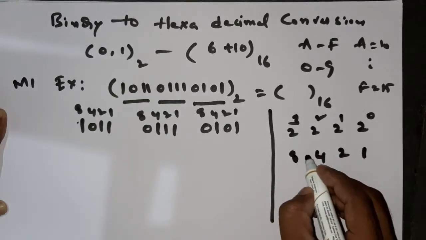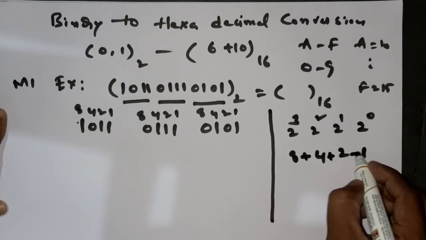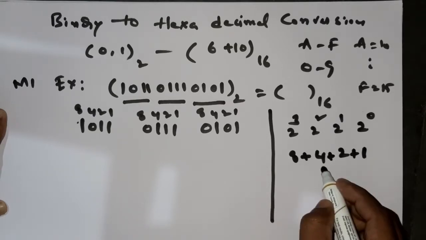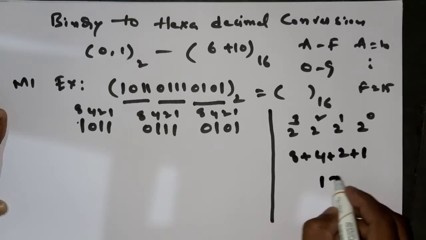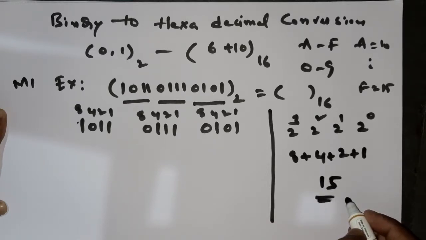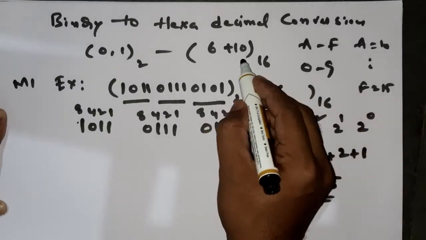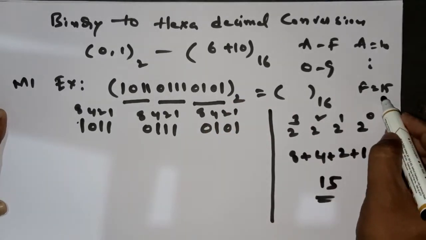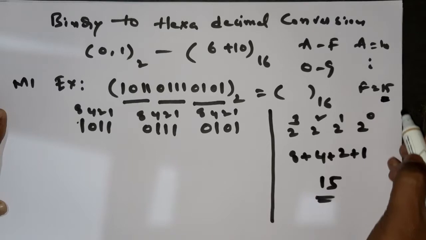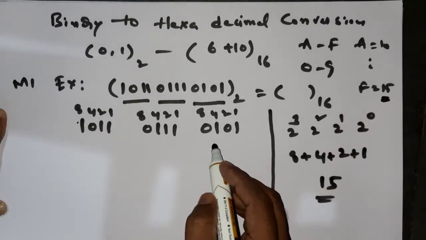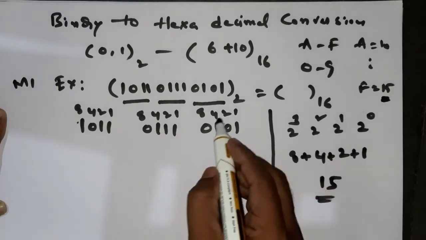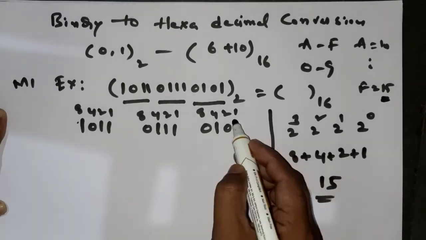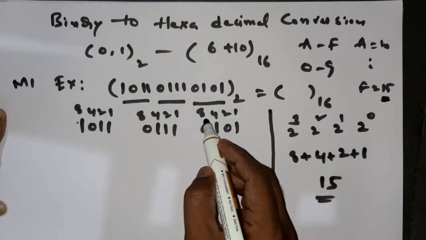Okay, so add these numbers, what do you get? 8 plus 4 is 12, 14, 15. So 15 we are getting, that is in hexadecimal the F value, that is the maximum number. So that's why we are making groups of 4 numbers here, and we are writing the values 8 4 2 1 at the top of each group.